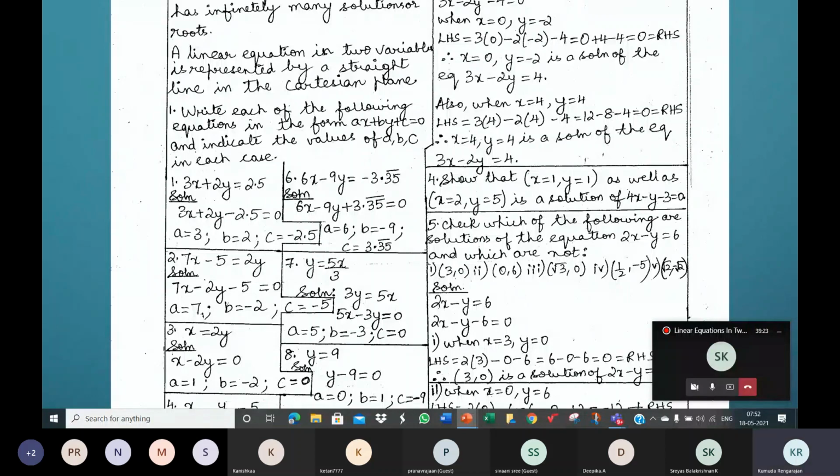So when you treat it as a linear equation in one variable x, it has only one solution. But when you treat the same equation as an equation in two variables x and y, it has infinitely many solutions.